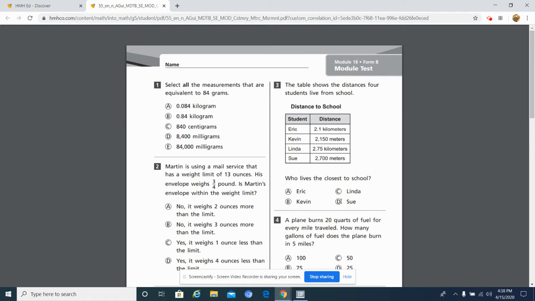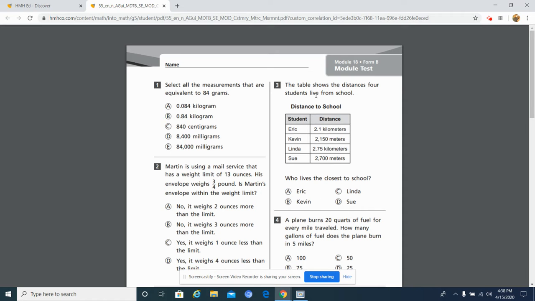Okay, number 3. The table shows the distances 4 students live from the school. So Eric is 2.1 kilometers. Kevin, I'm going to put an E, a K, 2,150 meters. Linda is 2.75 kilometers. And Sue is 2,700 meters. It says, who lives the closest to the school?